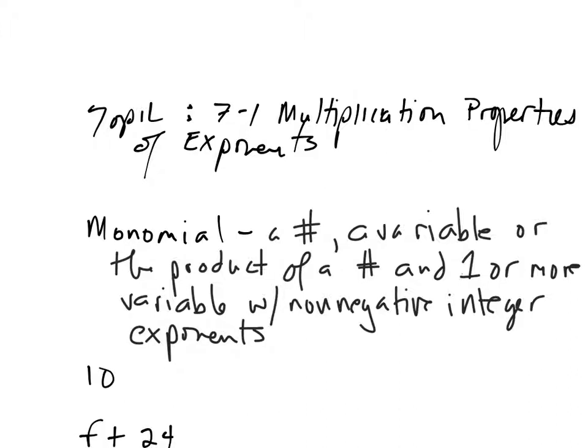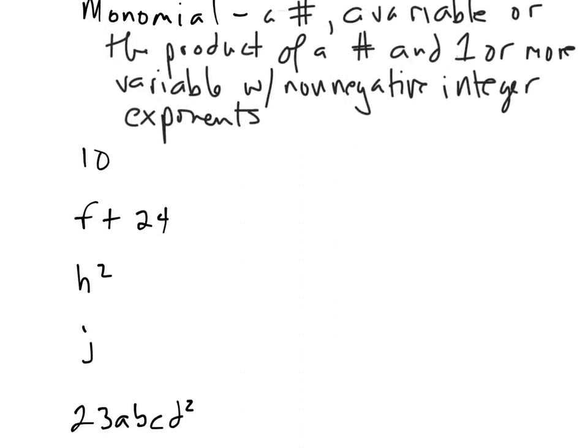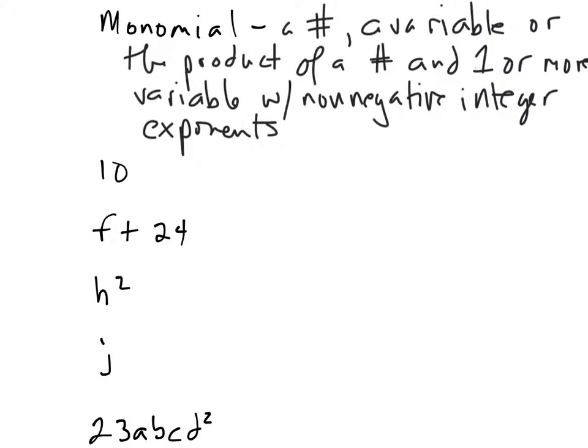So, first question. The number 10. Is the number 10 a monomial? What do you think? Why not? Because it needs more than one variable. No, look at the definition again.